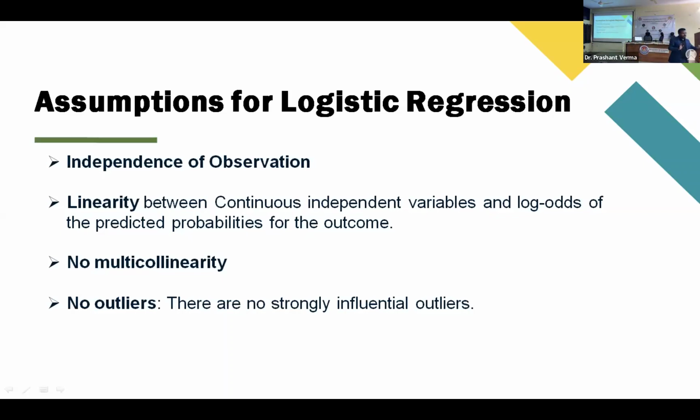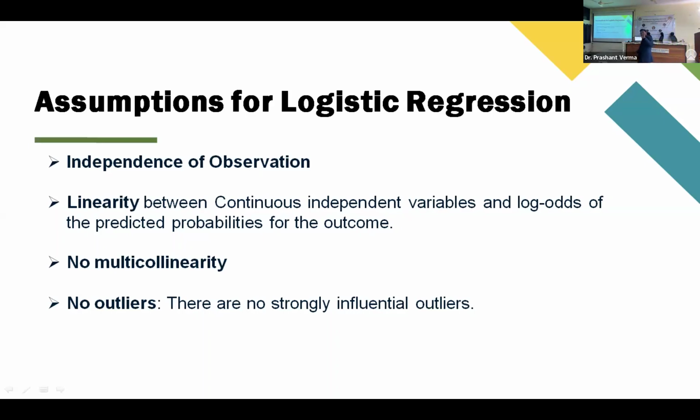But it wants the continuous independent variables to be linearly related with the log odds of the predicted probability and outcome. So it does not compel the dependent variable to be linearly related with the independent variable. Next is multicollinearity.